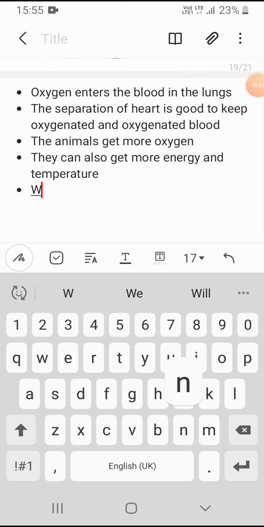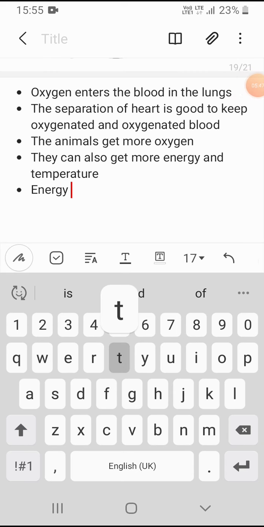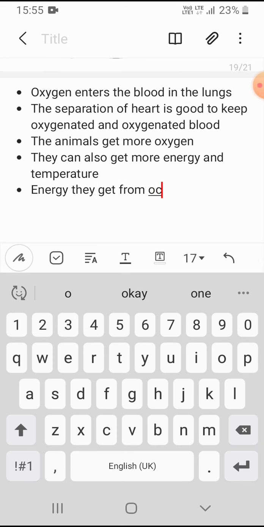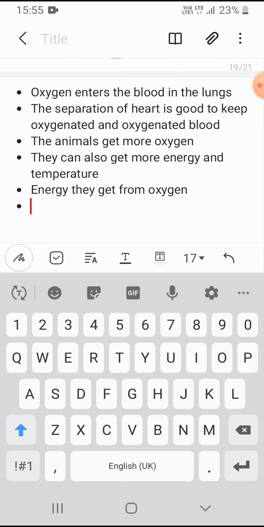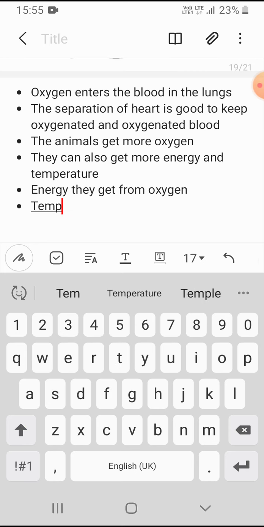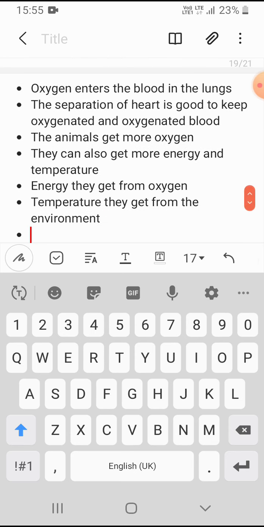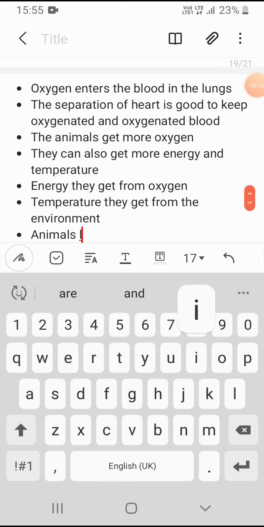So the energy they get from oxygen, and the temperature they get from the environment that is around them.